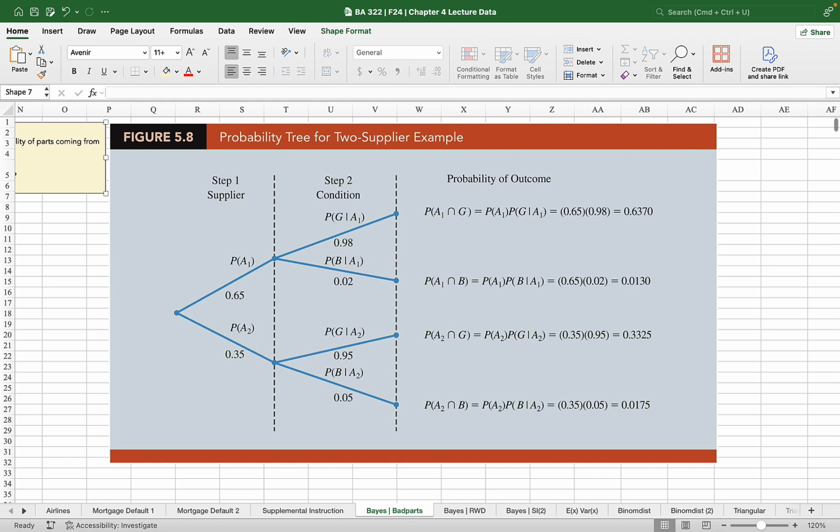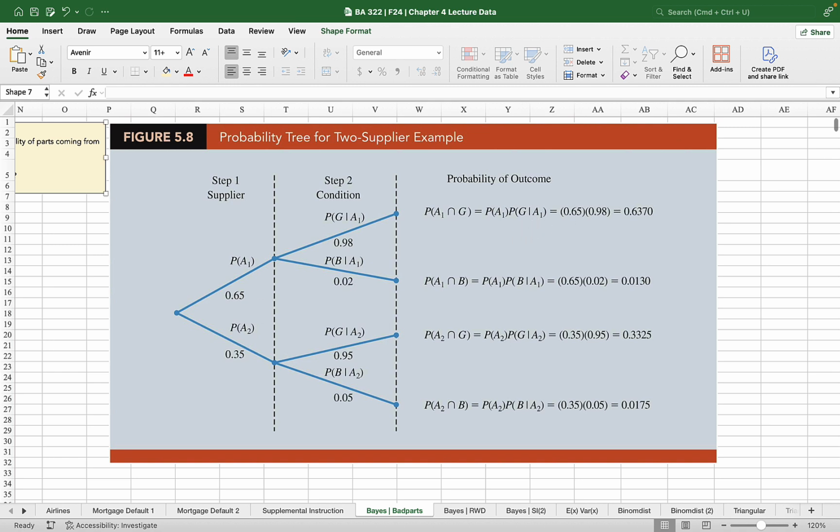As we work our way along these trees, we can get the first joint probability. The probability of a part from our drawer being both from supplier A and being a good part is equal to the probability that it's from supplier A multiplied by the conditional probability that it's good given that it's from supplier 1.